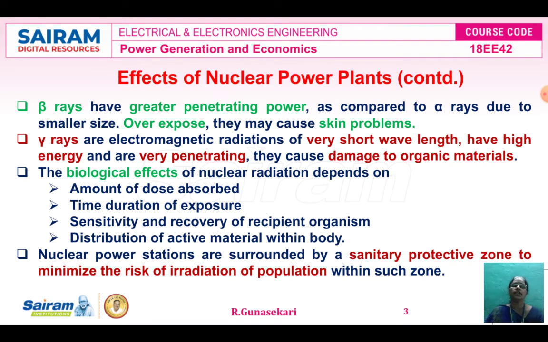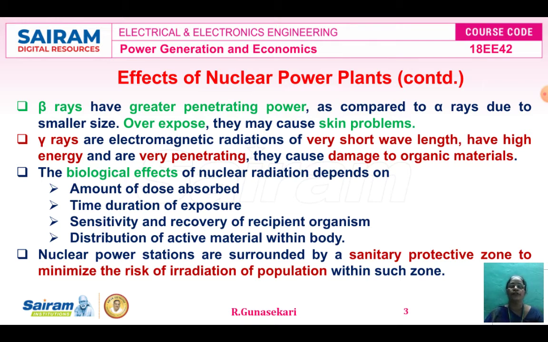Regarding biological effects, biological shielding is one of the shields used in the nuclear reactor for protecting biological materials. The biological effects of nuclear radiation depend upon the amount of dose absorbed, the time duration of exposure, the sensitivity and recovery of the recipient organism, and the distribution of active material within the body.